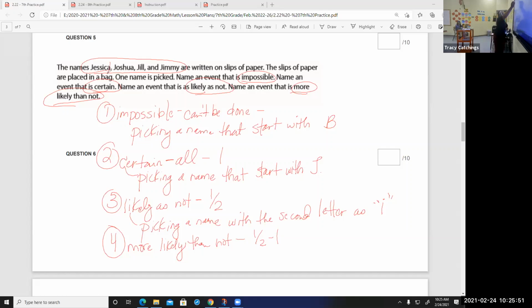Good job. Three of them have an I. So that may be something I go with. Picking a name with an I. Notice that's different than what he said for the last one, picking a name that had I as the second letter. But we can do I, and that'll give us three of those names. Good.